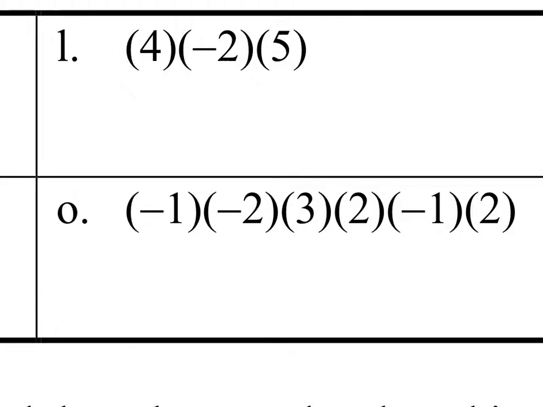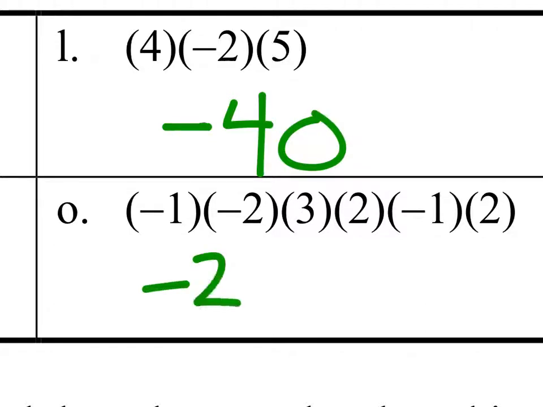Alright, again, if you're still working, just keep working. Who will tell us the answer for L? -40. Excellent. Negative 40. Who will tell us the answer for O? -24. Bam.